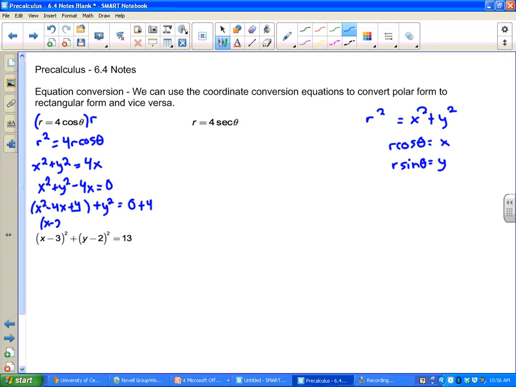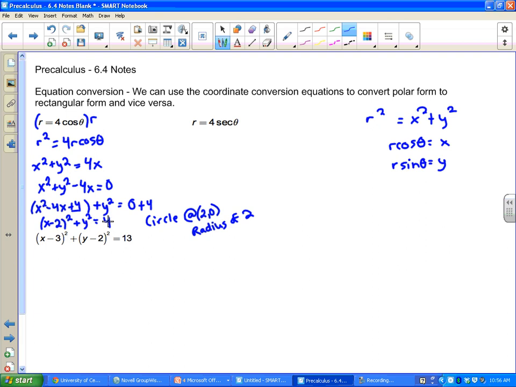This is x minus 2 squared plus y squared equals 4. So this is a circle centered at 2, 0, with a radius of 2. And that has to do with, this is a circle formula here that is centered at the opposite of this negative 2, which is 2. There isn't anything affecting y, so our y value is 0.